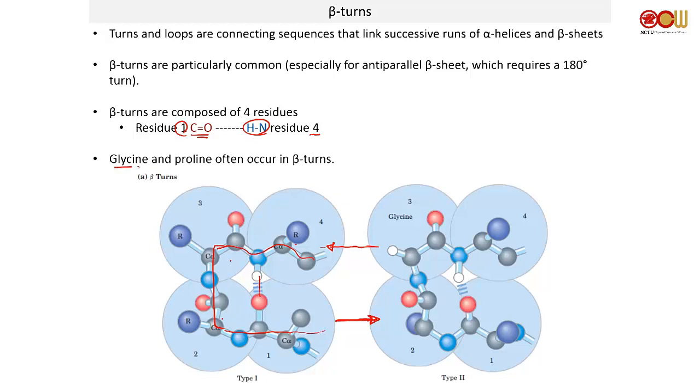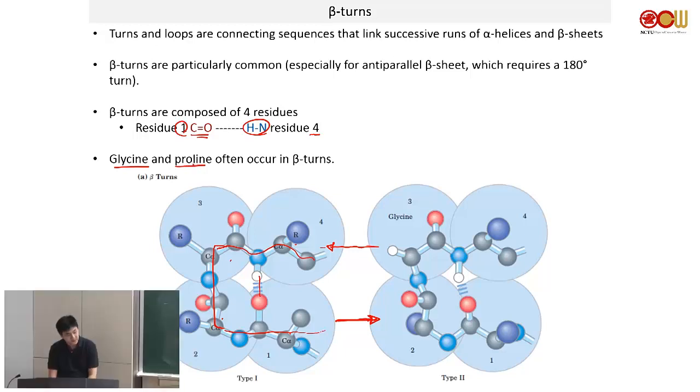Note, glycine and proline are frequently observed in beta turns, right? Why? Because proline is restricted in the bond angles that it can have for its phi and psi, because proline has that weird R group that is linked to the amino group of that amino acid.